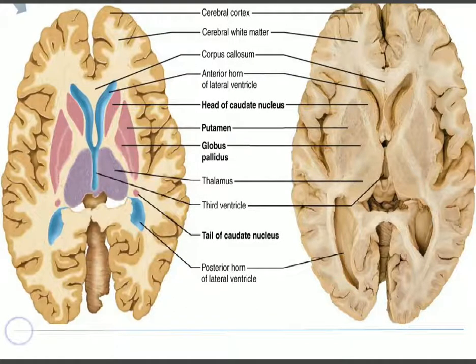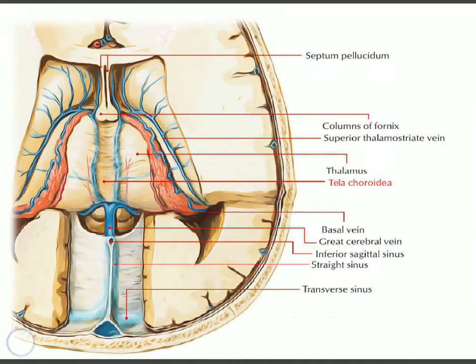These are the various related parts: the corpus callosum, the head of the caudate nucleus, and the thalamus, all related to the cavity of the lateral ventricle. Other structures of the floor, like the thalamostriate vein and the choroid plexus, can be seen here.